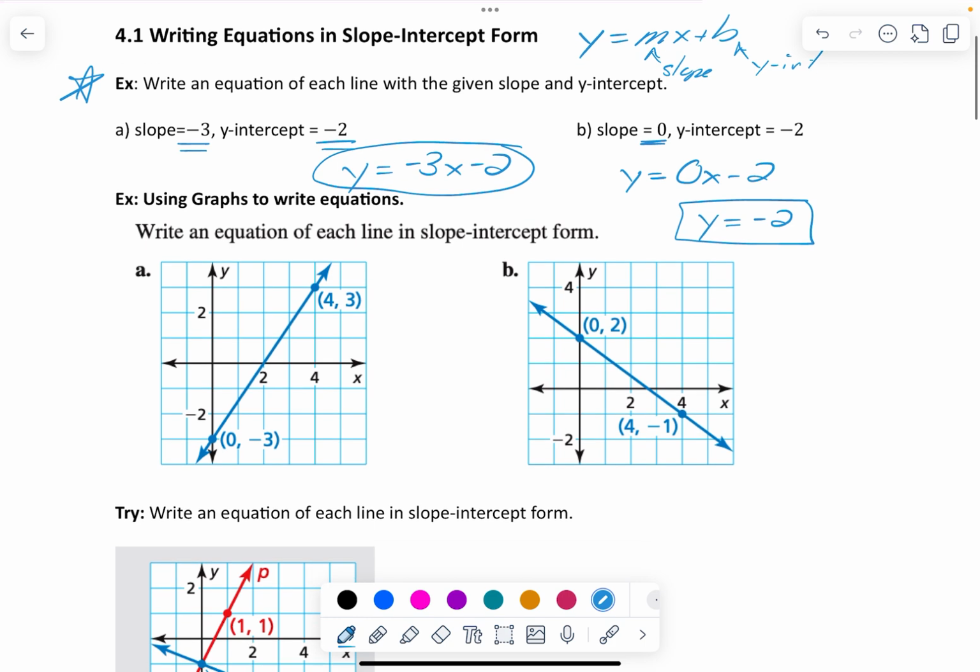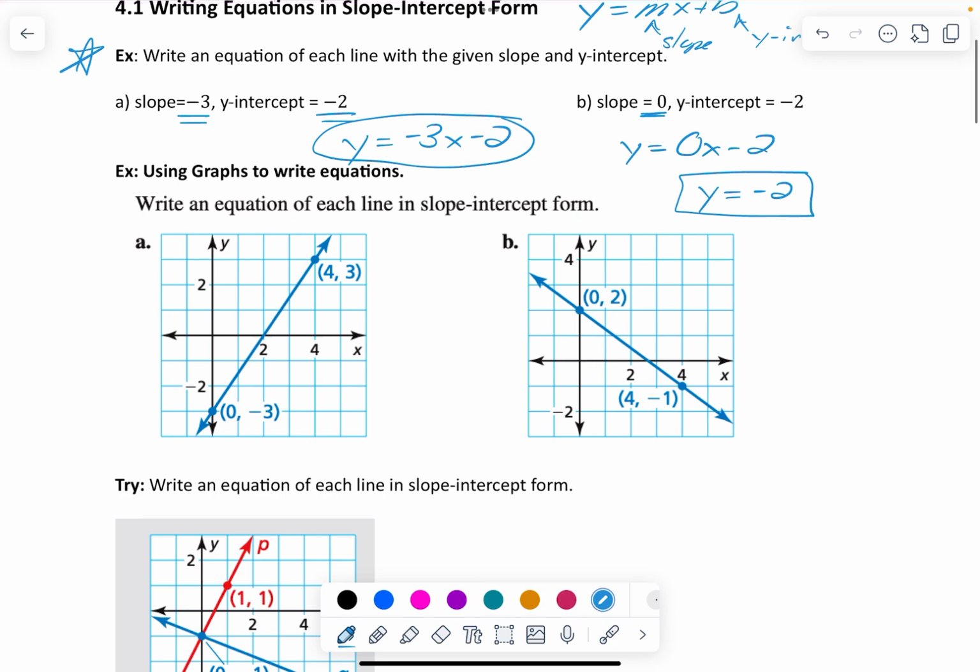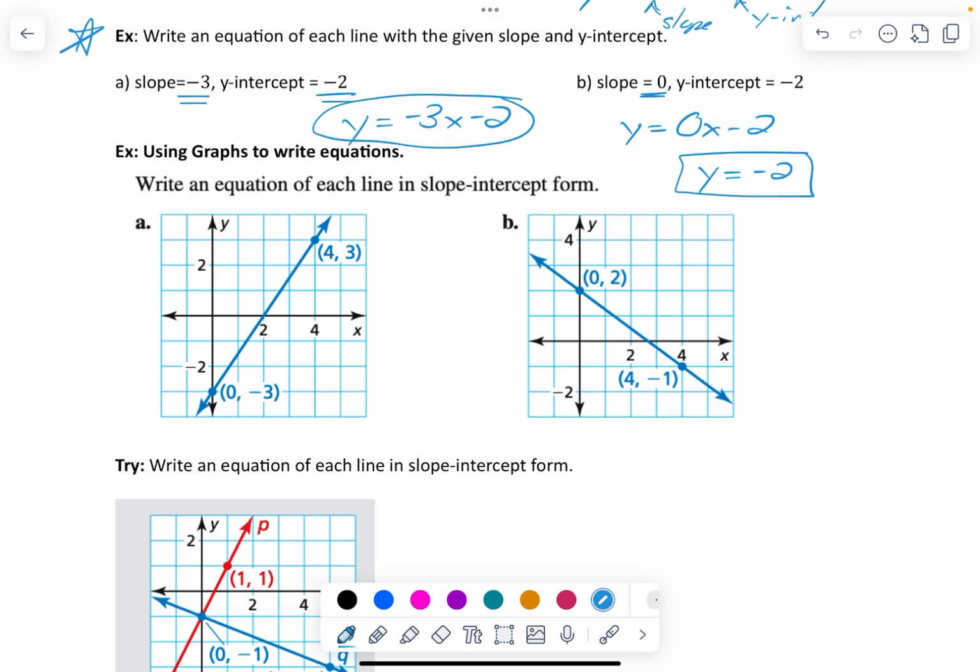All right, so now we need to write an equation in slope-intercept form. We can see here is the b, that's our b. But we need to find our slope. So we can use the picture here. Each one is 1.